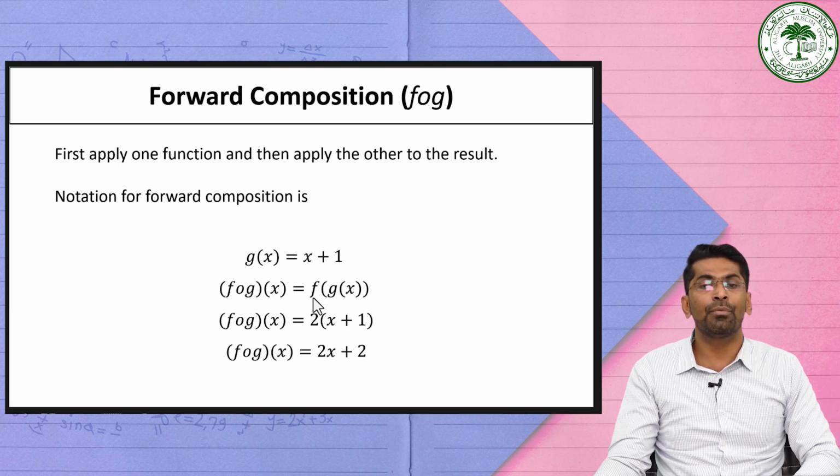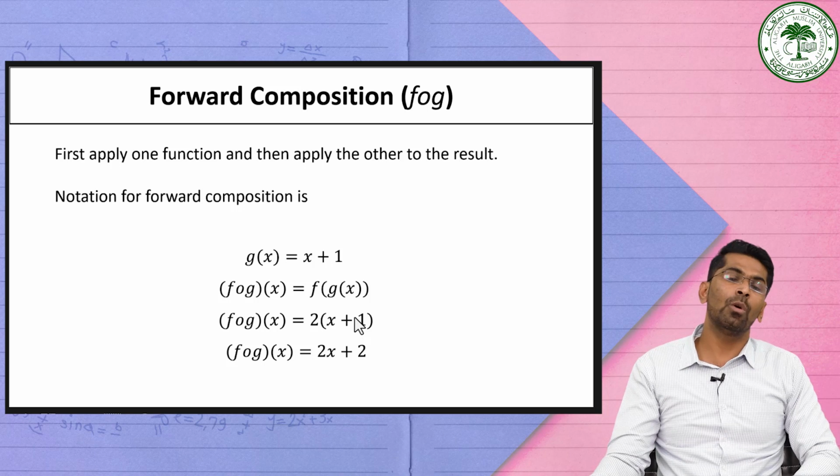Within the function f, we substitute g of x. Since f of x is 2x, we substitute x plus 1 for x. So it will be 2 into x plus 1, and if you multiply, it is 2x plus 2. This is the forward composition.